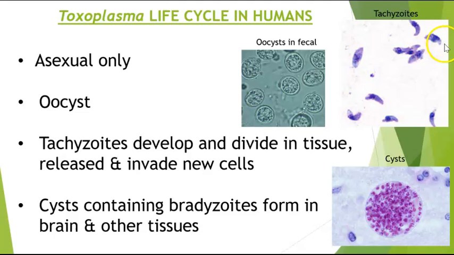And here's examples of the tachyzoites right here in the top right hand corner. And then there is a cyst stage containing bradyzoites that form in the brain and other tissues. And here is a cyst containing those bradyzoites in this lower right hand corner.